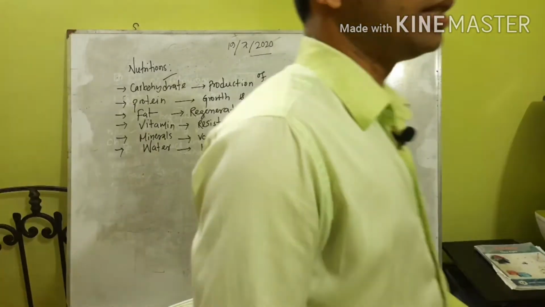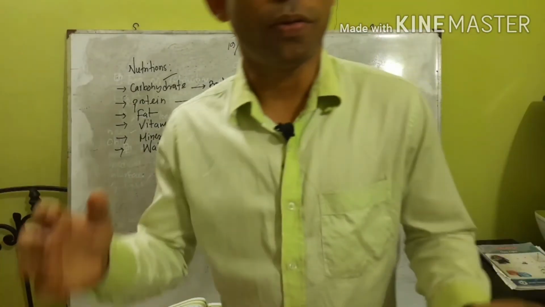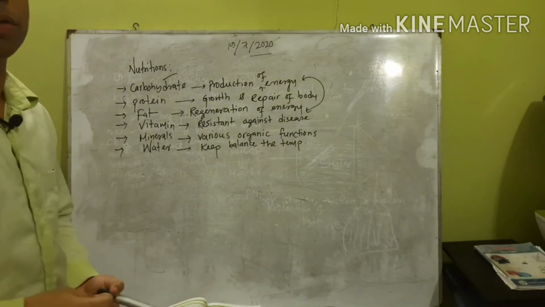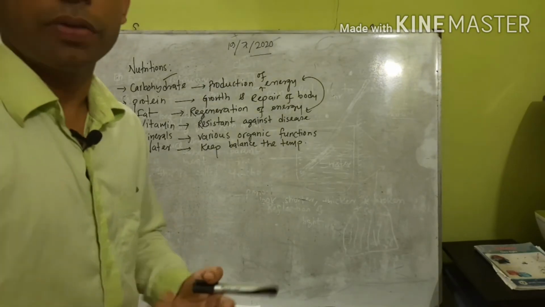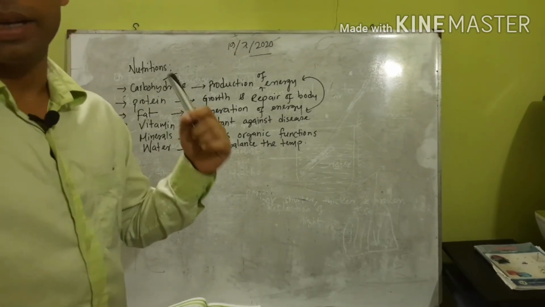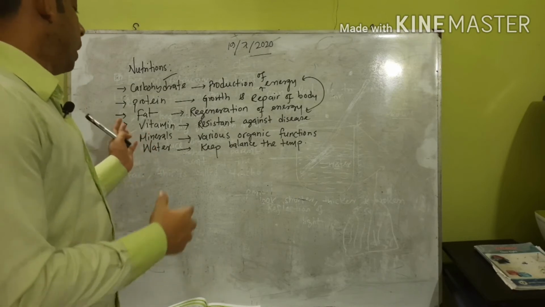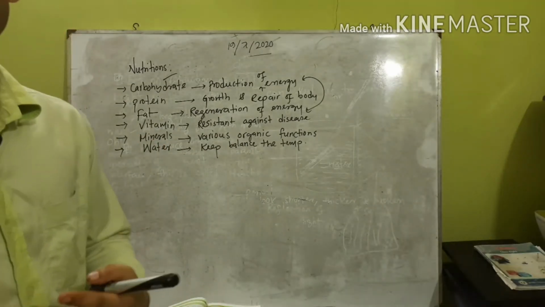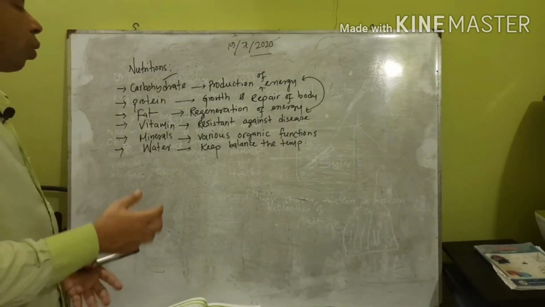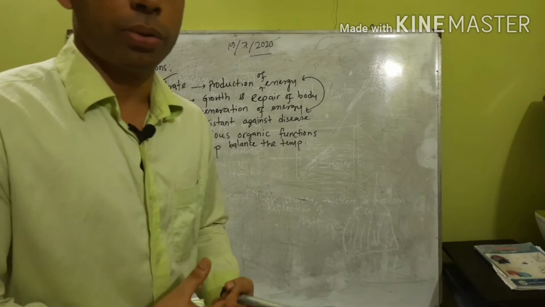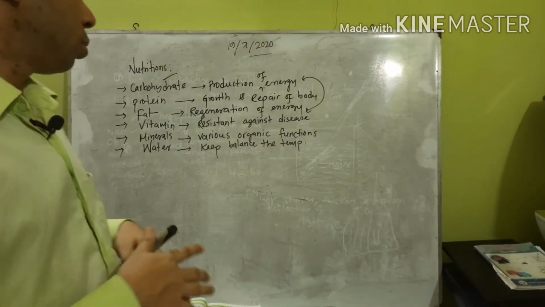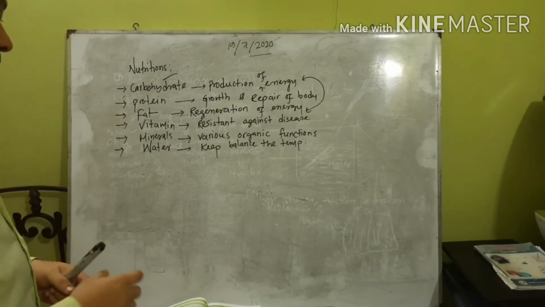We know the vitamins are known as the heart of the food, and they also produce lots of enzymatic activities and go on for resistance against disease. Minerals perform various organic functions, lots of organic functions inside the body, totally done by the minerals. And water keeps balance of the temperature of the body. When it looks hot, we take water, and it sometimes looks balanced. So these are the general functions.